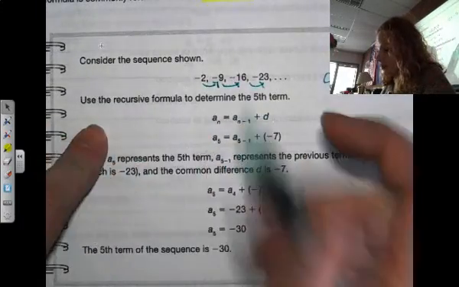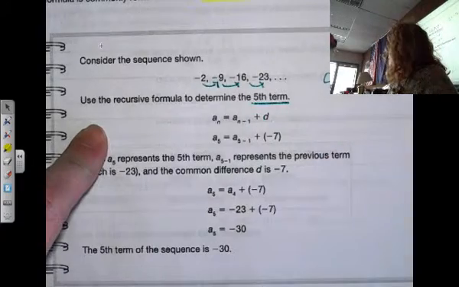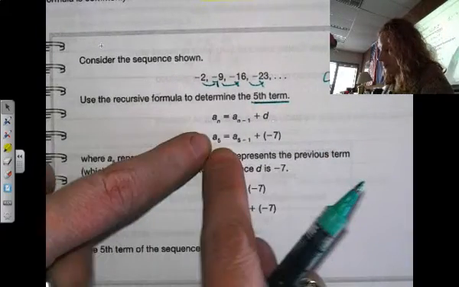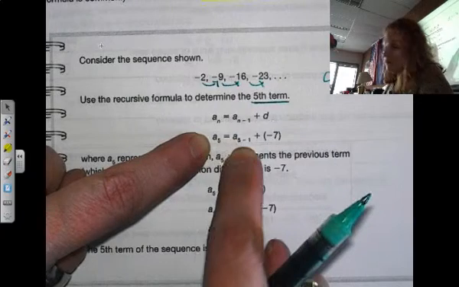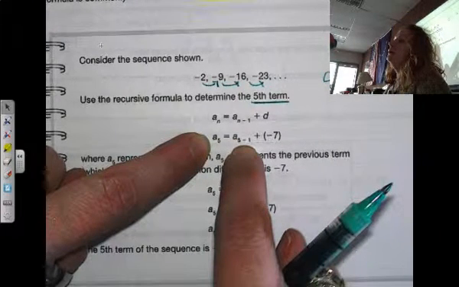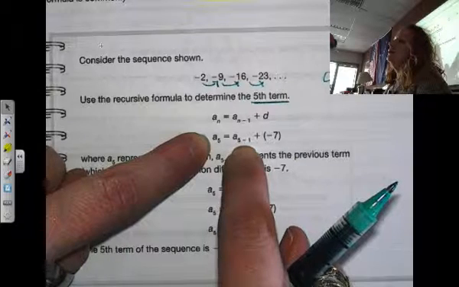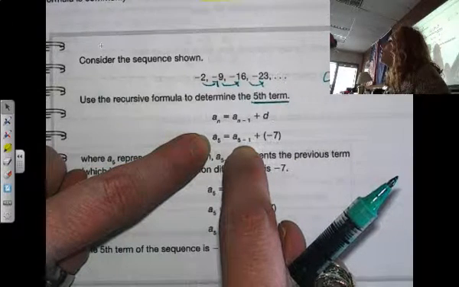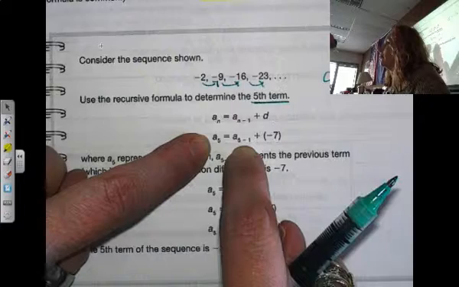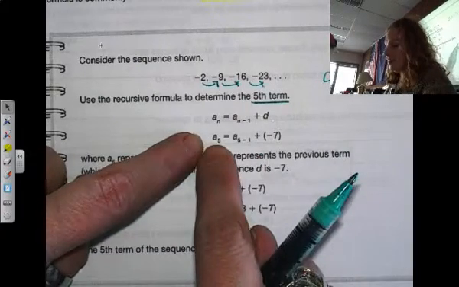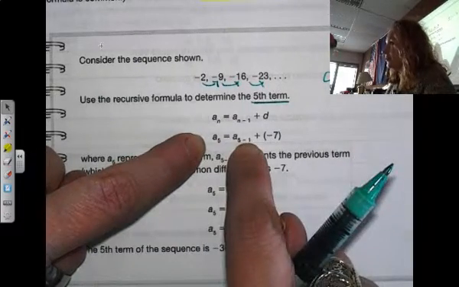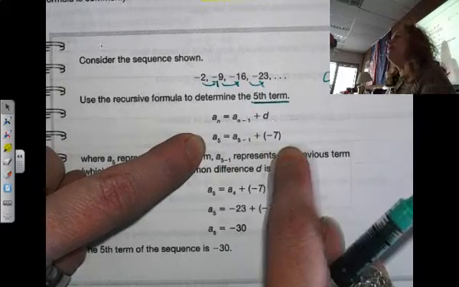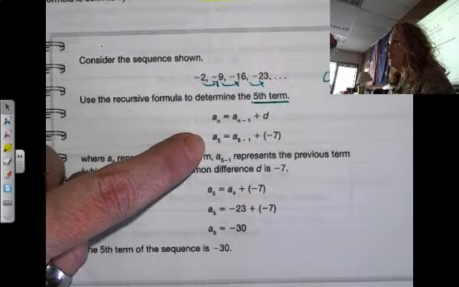So if we wanted to find the 5th term, we would say the 5th term is equal to the one in front of the 5th term. So this would be the 5th term is equal to the 4th term plus -7. See how you would read that?